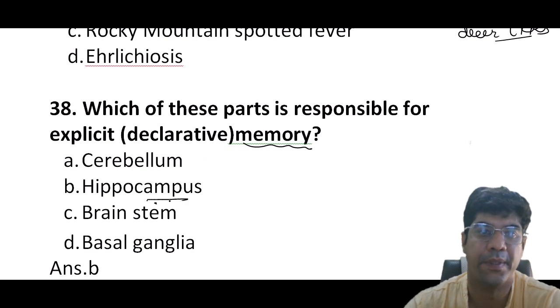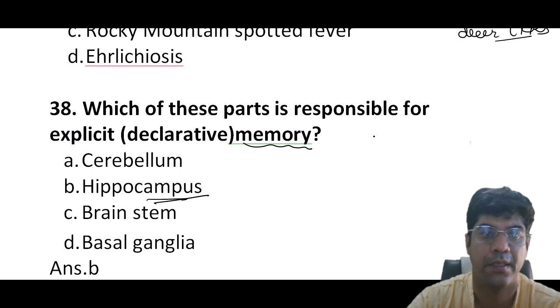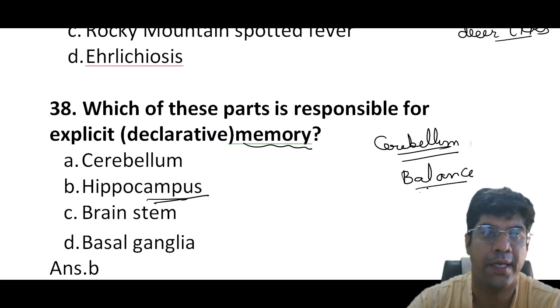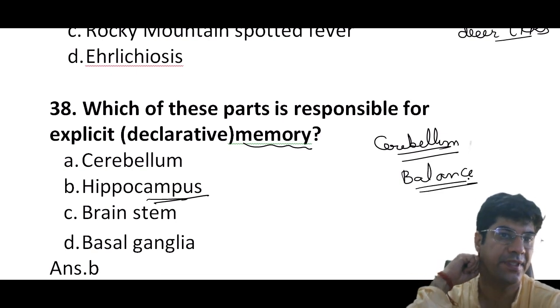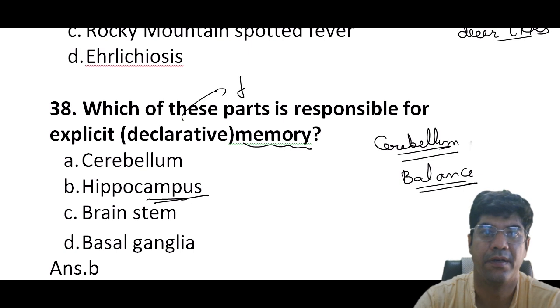Which of the following parts is responsible for declarative memory? It's the hippocampus. Remember, the hippocampus is responsible for declarative memory. Remember, the cerebellum is involved in coordinated voluntary movements and balance, and not declarative memory. The hippocampus is important for formation and organization of declarative memories like facts and personal experience.